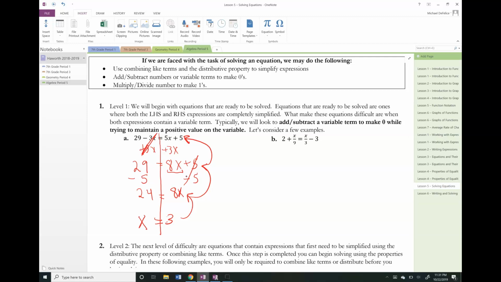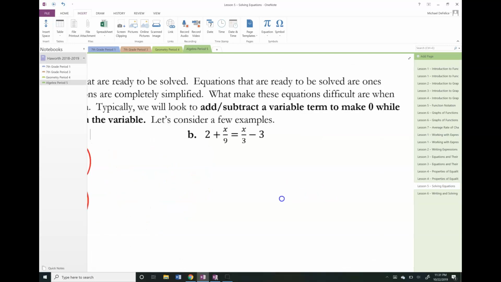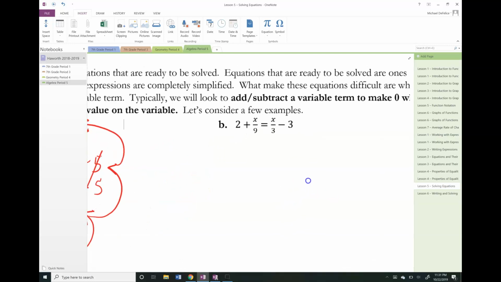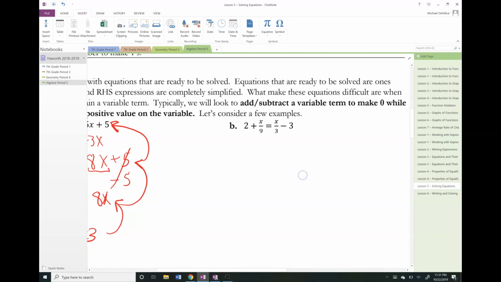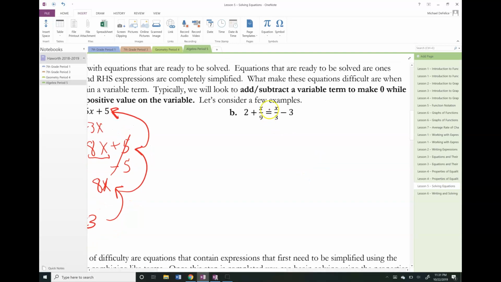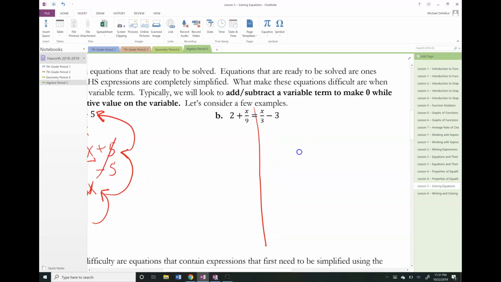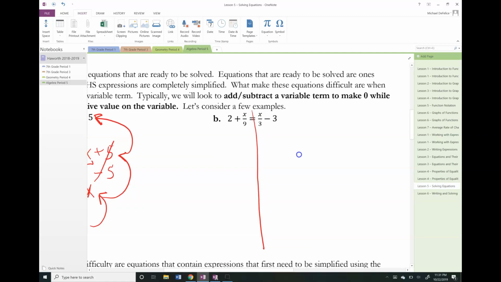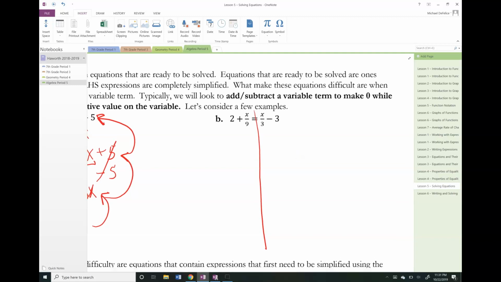Okay, let's look at B. So this one is troublesome because not only do I have variables on both sides, but I have fractions mixed in as well. So when I see fractions, what I like to try to do is I try to clear the fractions. And the way we can clear fractions is by using the multiplication property of equality.